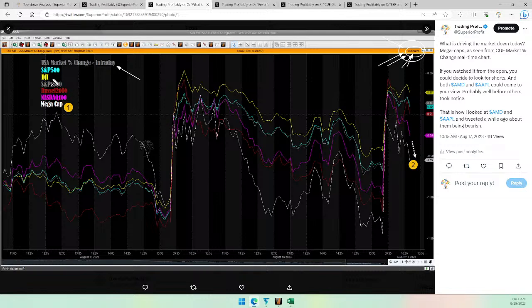What does it show? It is a chart for market percentage change, major markets percentage change intraday chart that shows how S&P 500, Dow Jones Industrials, S&P 1500, Russell 2000, Nasdaq, and Megacap Custom Index are doing right from the open.